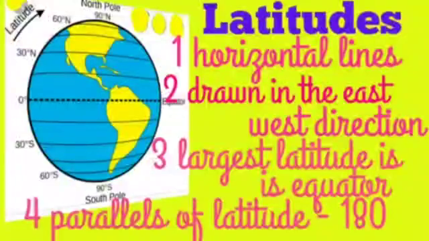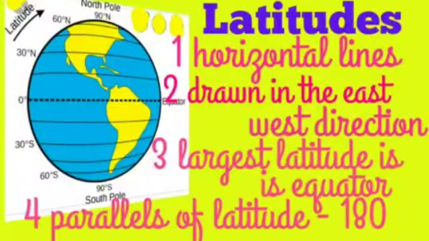The latitude of the equator is supposed to be 0 degree. That is in the center. Equator is in the center of the latitudes, and that is supposed to be 0 degree, while that of the north pole is 90 degree north and that of the south pole is 90 degree south.